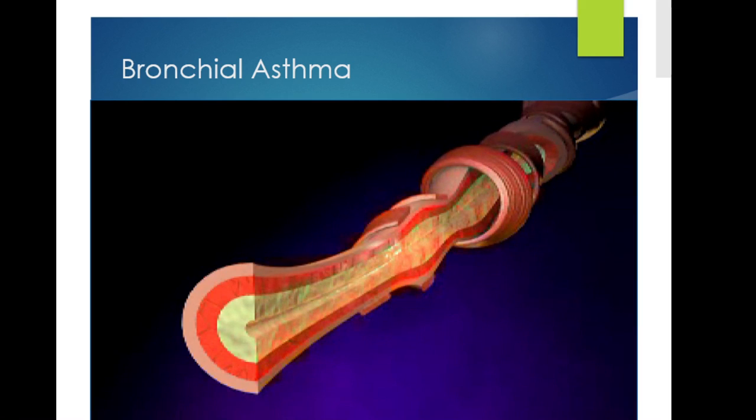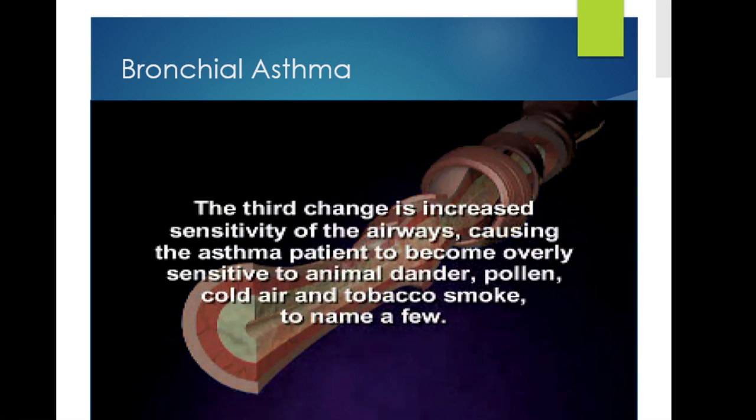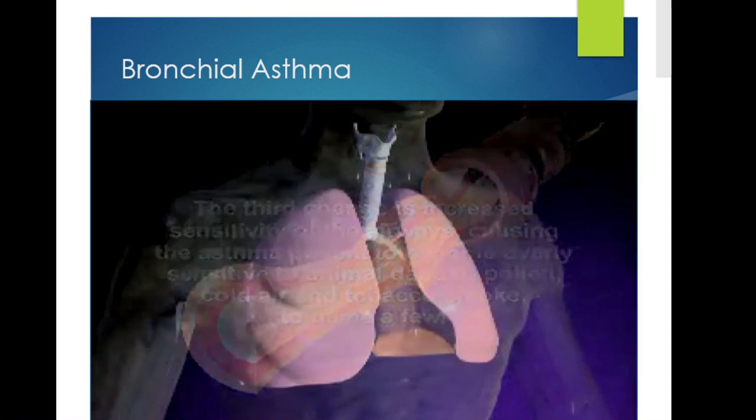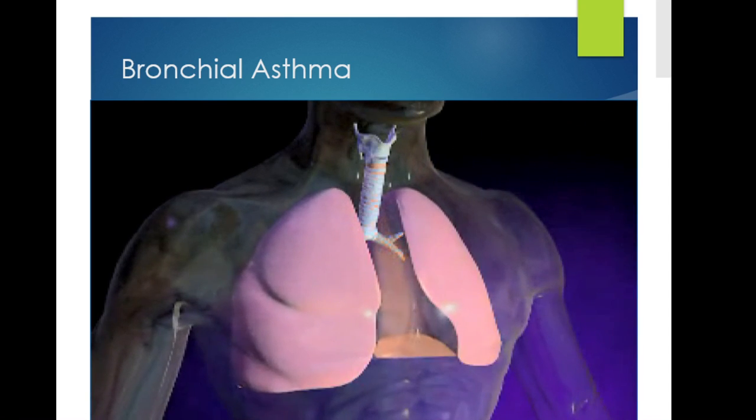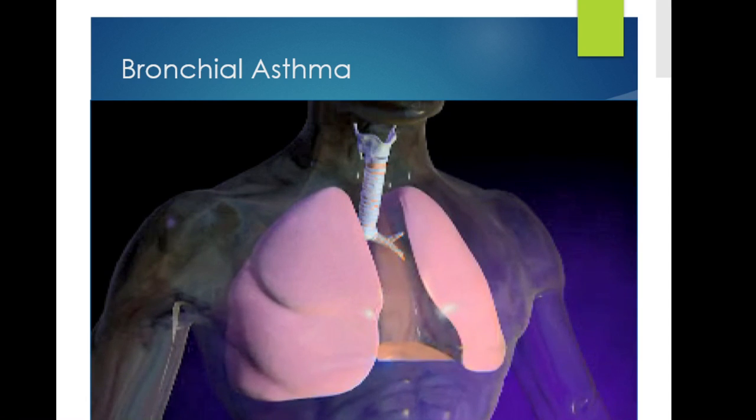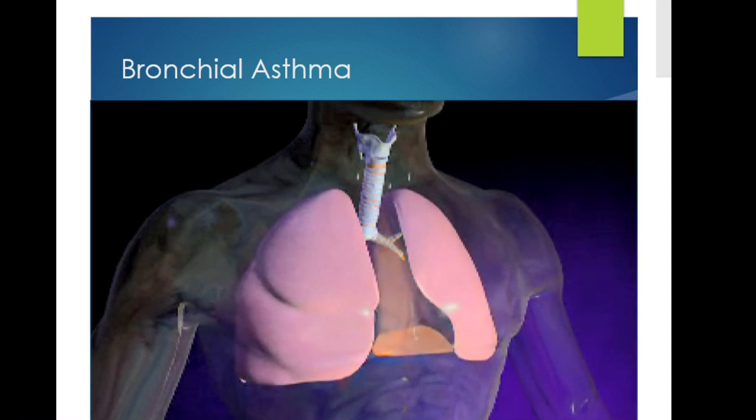This narrowing is also referred to as bronchospasm. The third change is increased sensitivity of the airways, causing the asthma patient to become overly sensitive to animal dander, pollen, cold air, and tobacco smoke, to name a few. Asthma patients need to work together with their doctors to develop a medication action plan to control symptoms and minimize attacks.